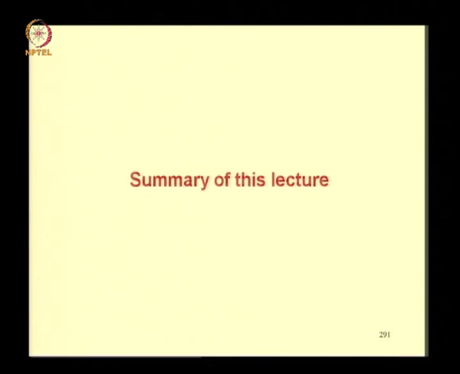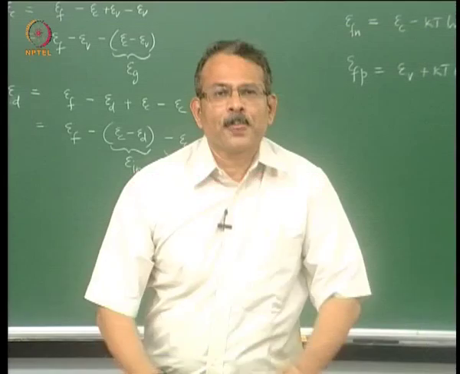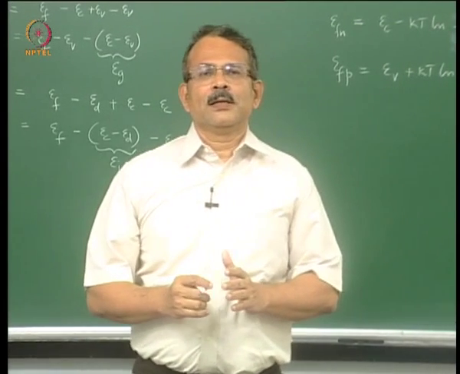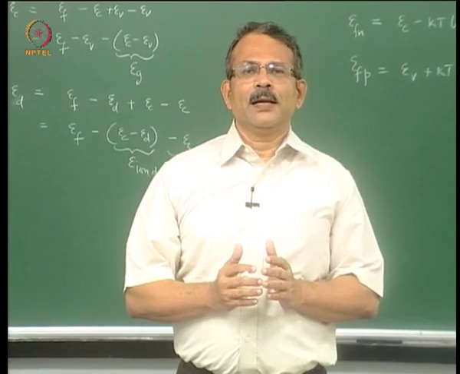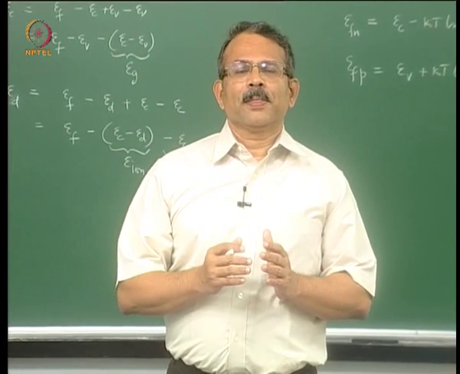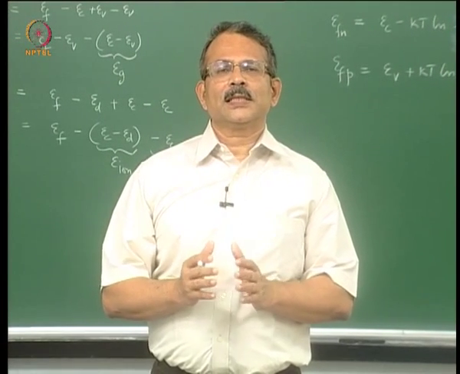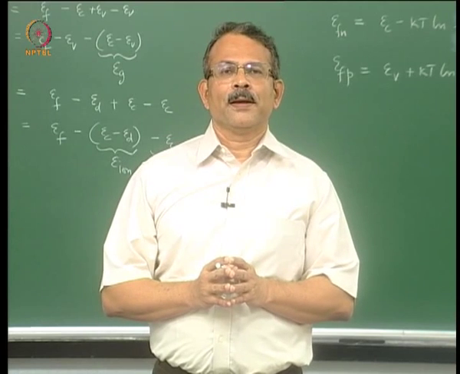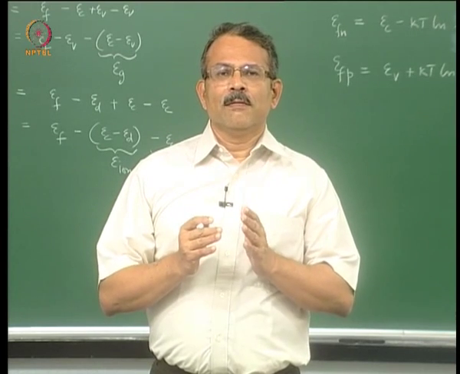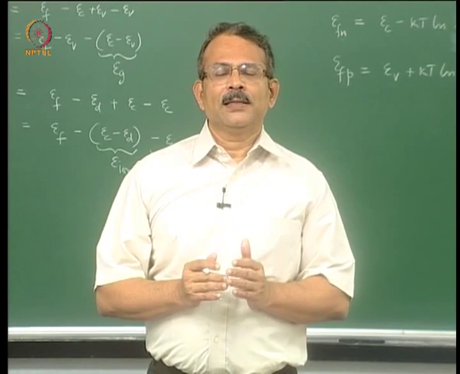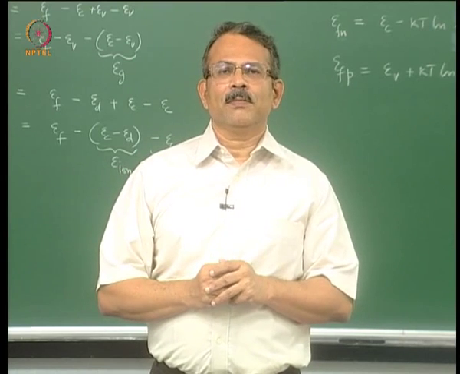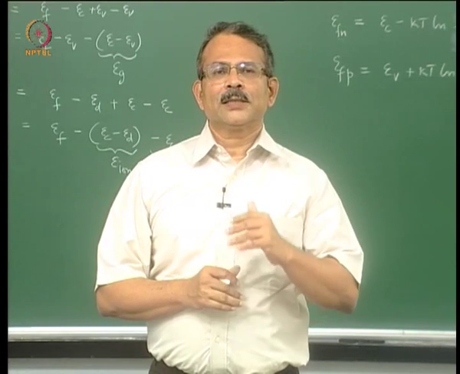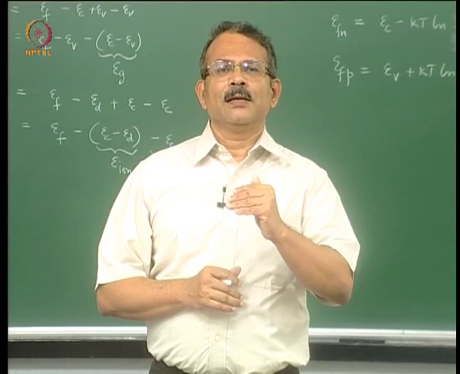Let us make a summary of the important points. In this lecture we have begun a discussion of the energy versus distance diagram. We explained that this energy versus distance diagram contains the following critical energy levels.